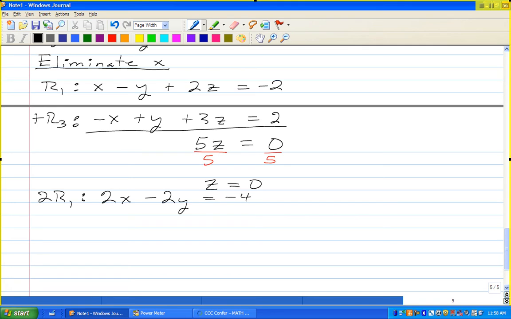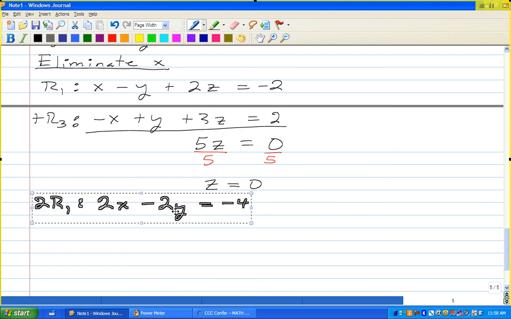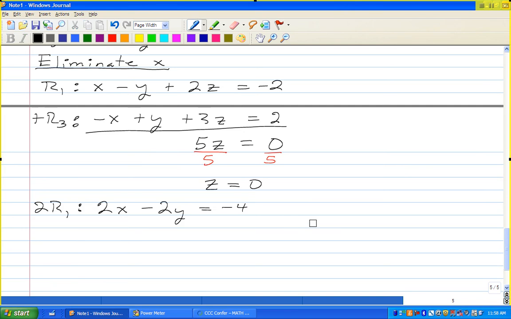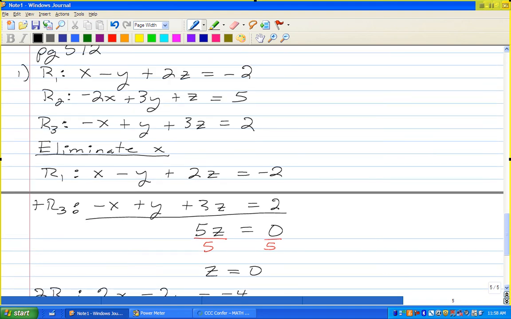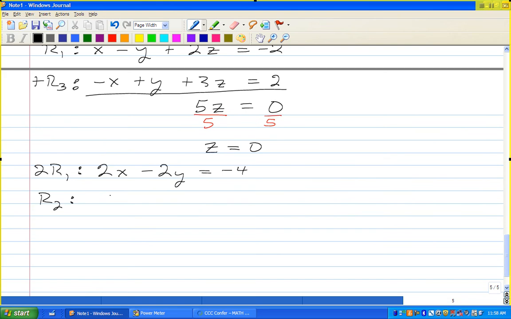Okay. And let me write down R2. So R2 is -2x plus 3y plus z, but z is 0, so plus 0 equals 5.